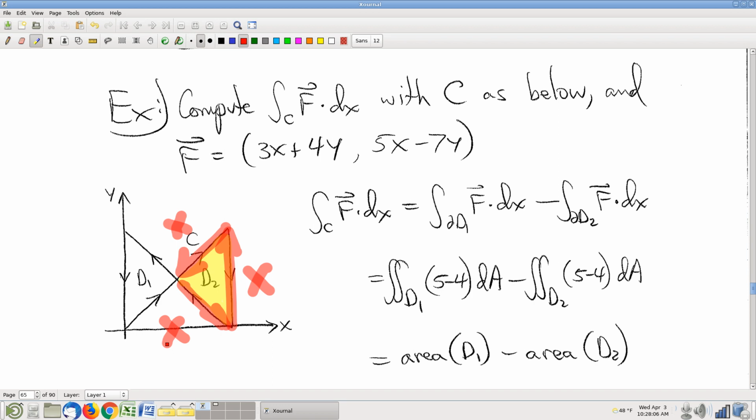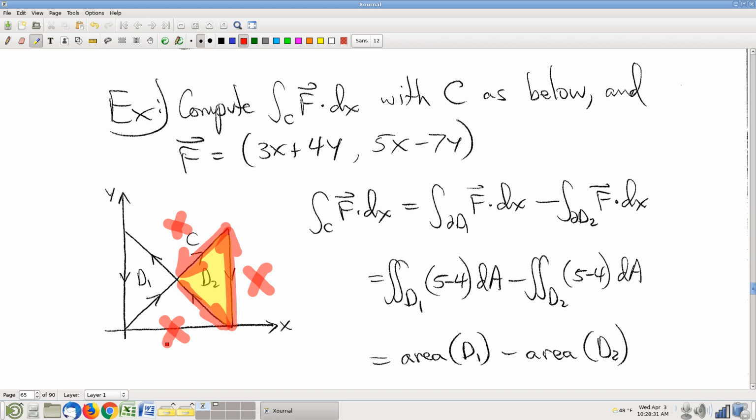So it'd be a mistake to say that our curve C is just the boundary of D1 and D2 sort of naively together. Here's the good news. The good news is that exactly wrong is actually not 100% bad. We have here something that is not what we're looking for. It's exactly opposite of what we're looking for.